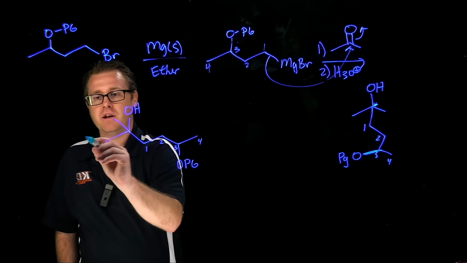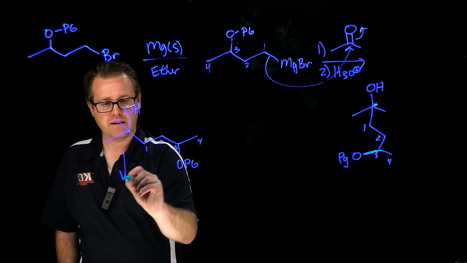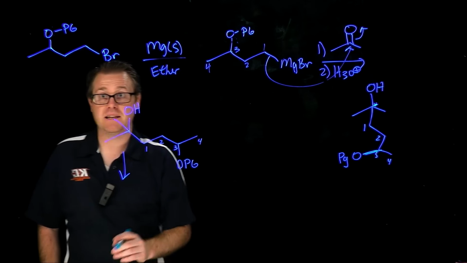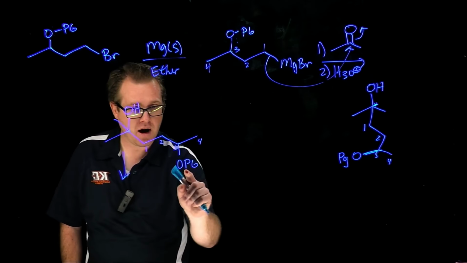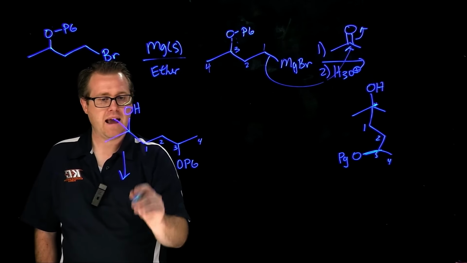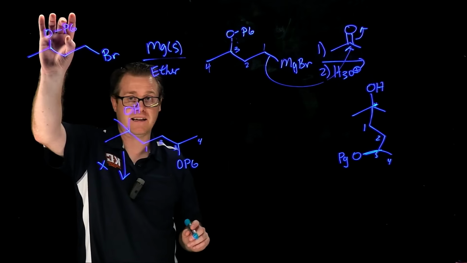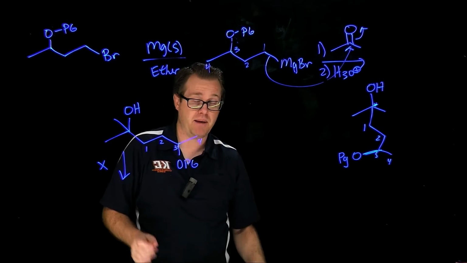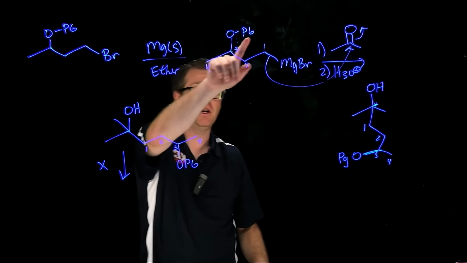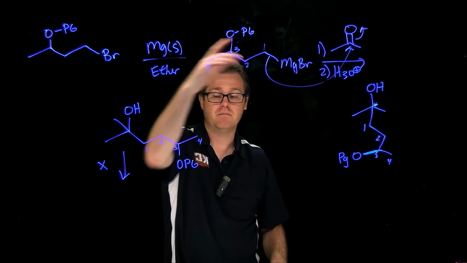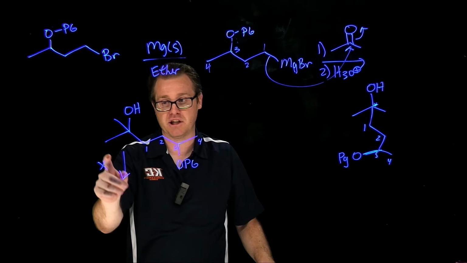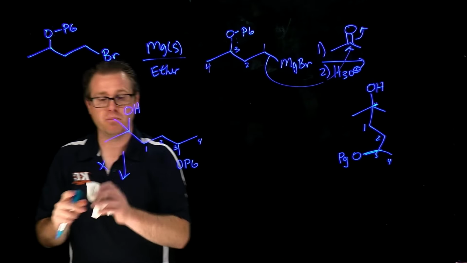And now we can do another reaction. We'll go down here. And that's the deprotection. We're going to rip off this protecting group. And I'm not going to show you what that reagent is quite yet because you don't know what protecting group it is. Because depending on which protecting group you use determines what type of reagent you're going to use here to remove it.